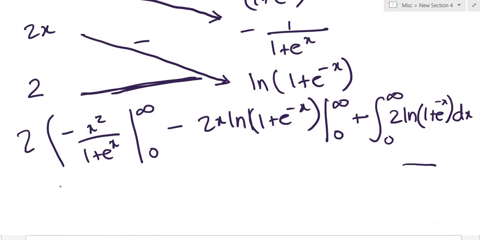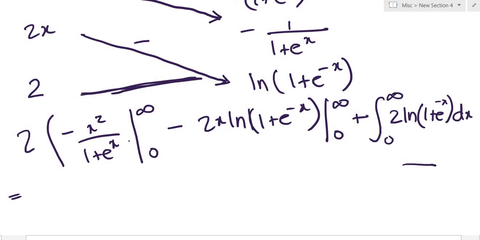So let's go ahead and evaluate these functions at infinity and then at 0. At infinity, the denominator is going to grow way larger than the numerator. So you can say that the denominator will approach infinity quicker, and this thing will just go to 0.